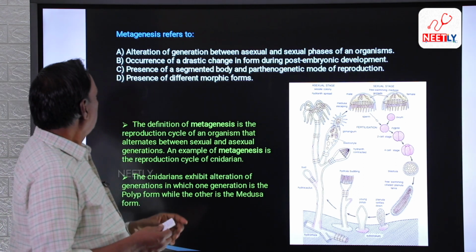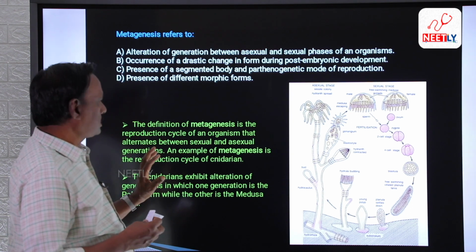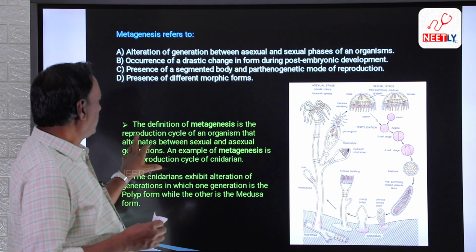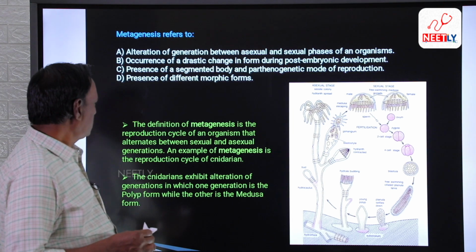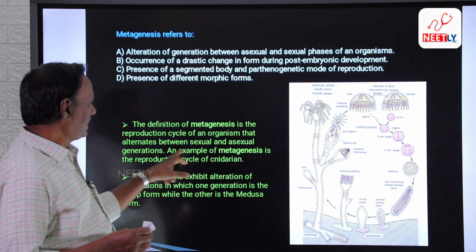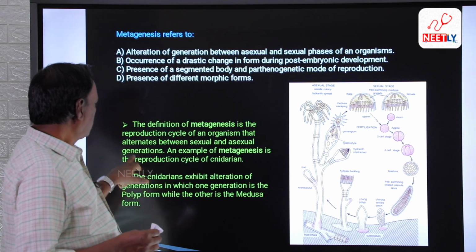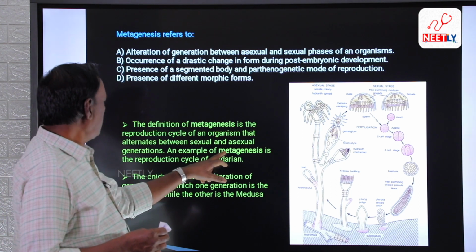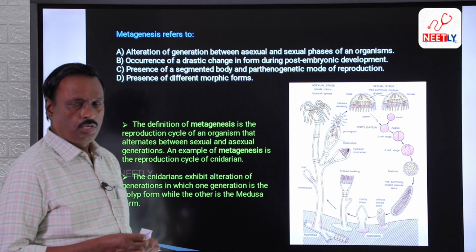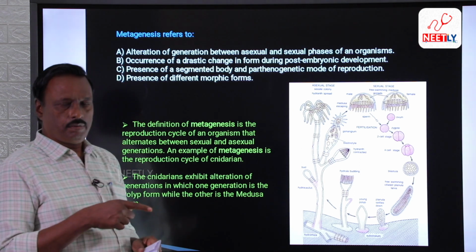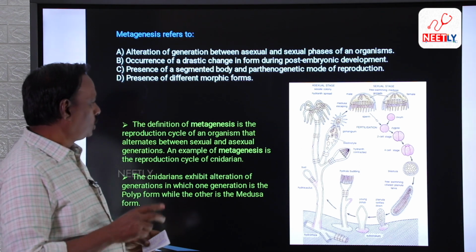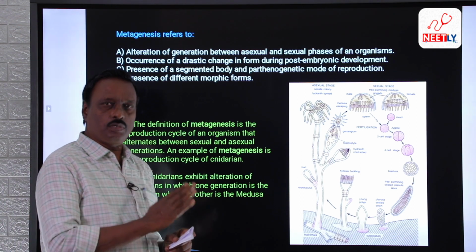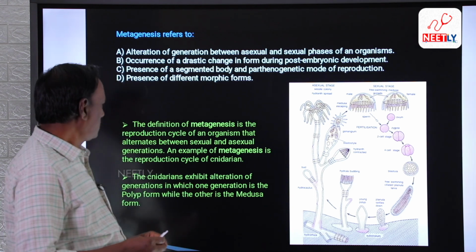The definition of metagenesis is the reproduction cycle of an organism that alternates between sexual and asexual generations. So in a single cycle, both the asexual and the sexual phases are there.